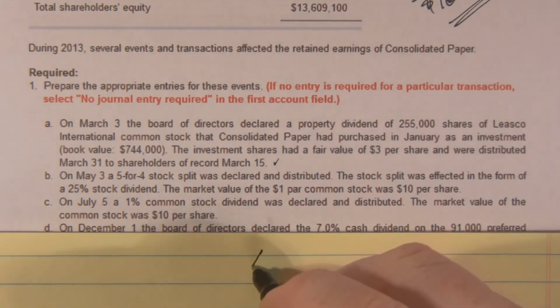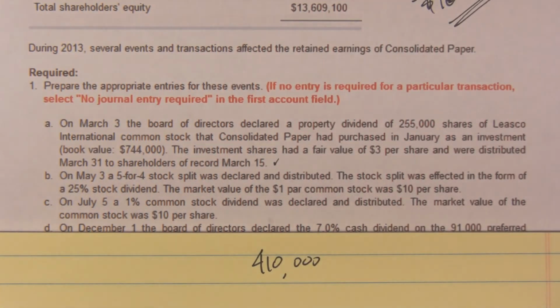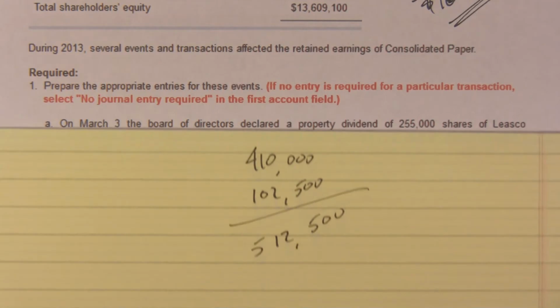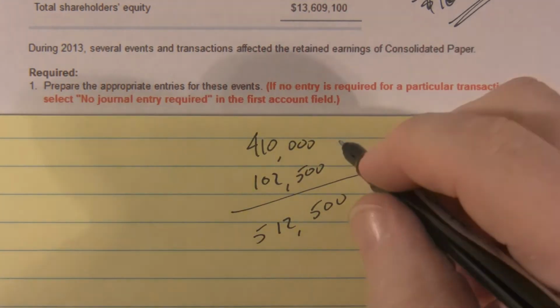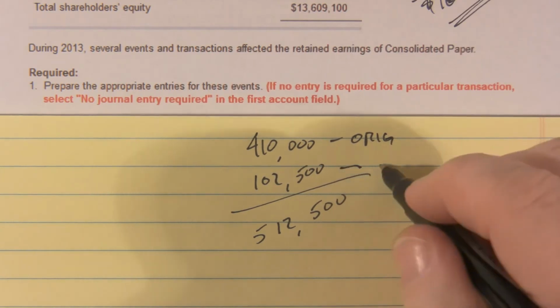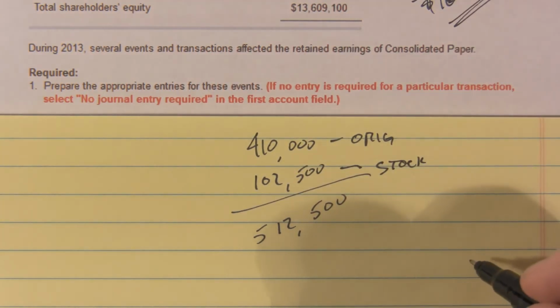So we had the 410,000 that we talked about, but remember, we also gave out 102,500. So we had out there 512,500 shares. That's what we had out there, because that was the original number plus the large stock dividend, 25%.